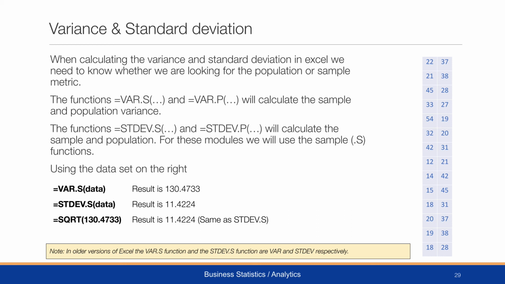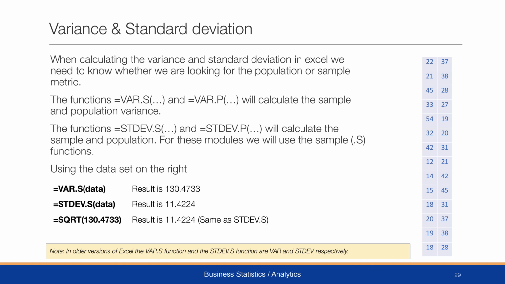Using the data set on the right, if we did VAR.S, we would get 130.4733. And if we did STDEV.S for that same data, we would get 11.4224. Now, just to prove that they're the same, if we took the square root of 130.4733, you would end up with 11.4224, which is the same as the standard deviation of the sample.